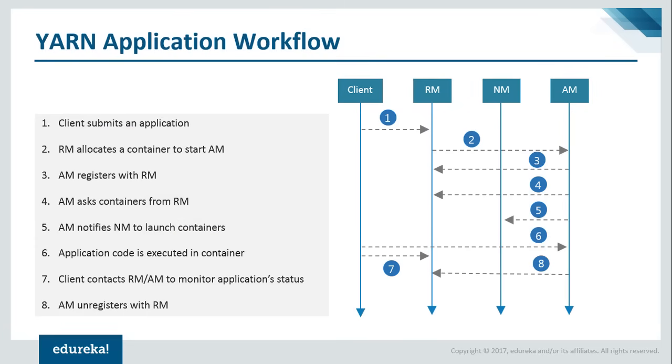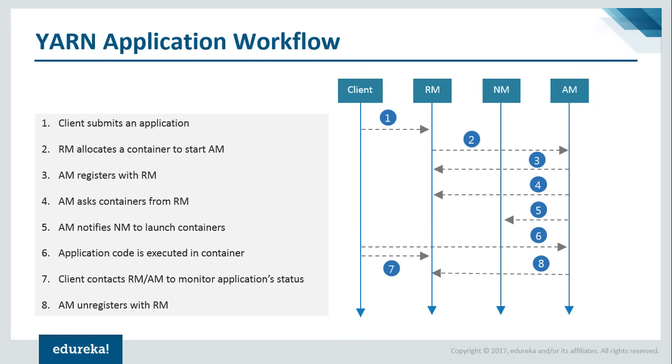If you want to see it step by step: first the client submits an application to the resource manager, then the resource manager allocates a container to start the app master. Then the app master registers with the resource manager and asks for containers, which are the resources required to execute your job, because your job is actually executed in a container.